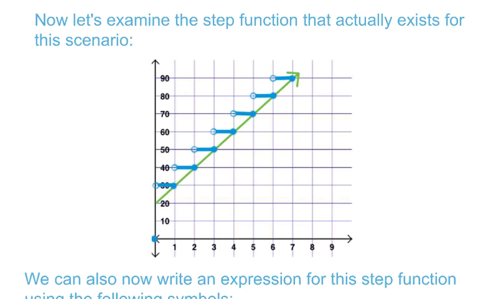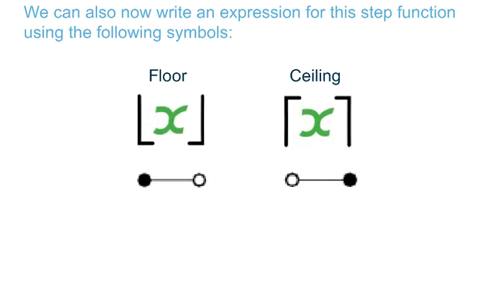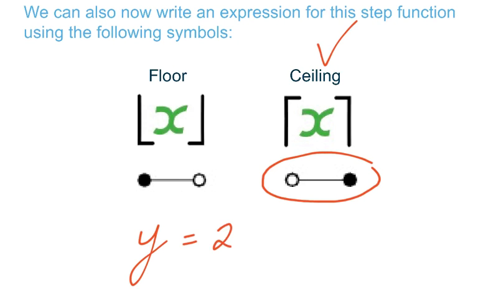However, because this step goes up at a constant rate, we can write a special equation for this. And it's called either a floor or a ceiling function. Now, if you notice, this is the type of diagram that I put on that graph. So this is a ceiling function that we're dealing with. So we're going to take our linear equation, y equals 20 plus 10 times x, and we need to put the ceiling function around the x.